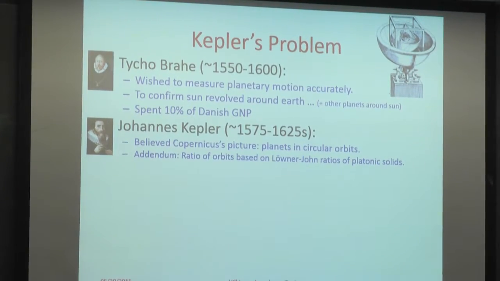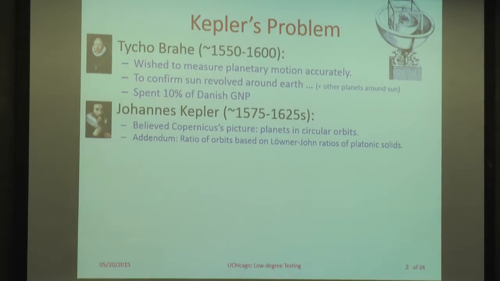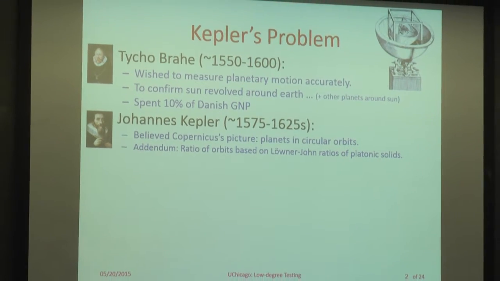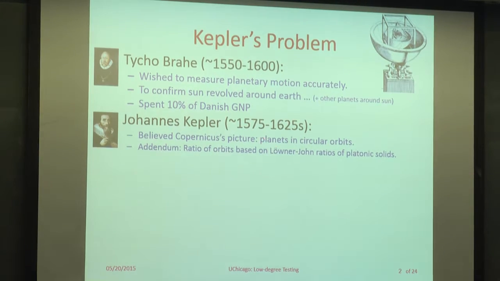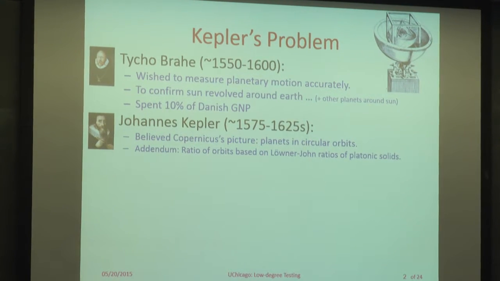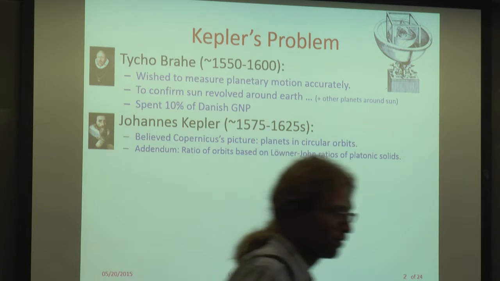Johannes Kepler was an understudy to Tycho Brahe, starting from 1575 and continuing past this. He actually believed a different picture, which was closer to the truth: the earth is at the center and the planets are rotating, but in circular orbits, not in elliptical orbits as we understand now.